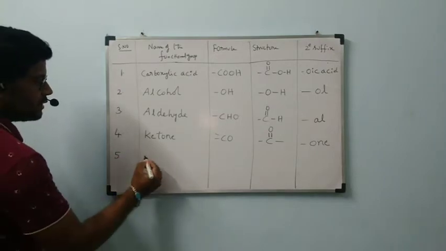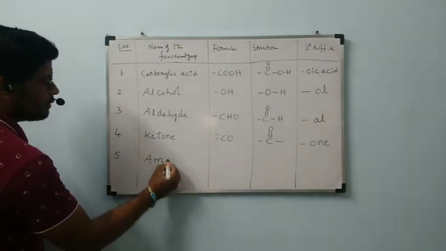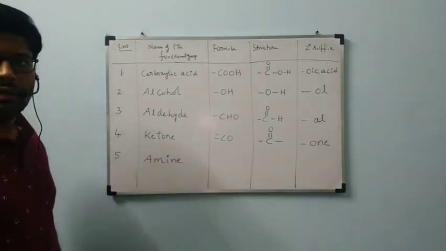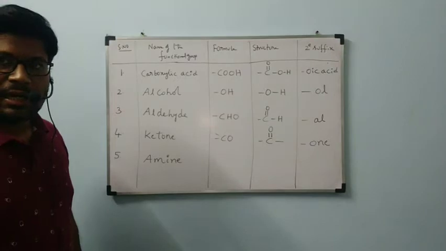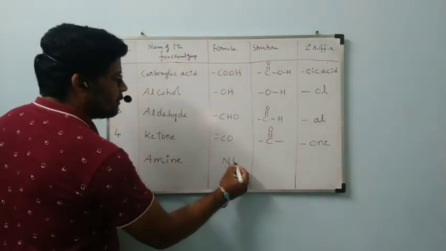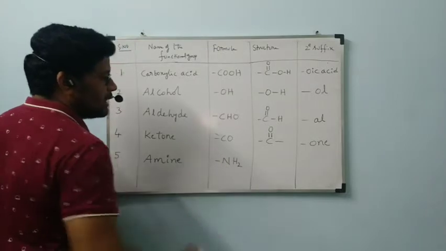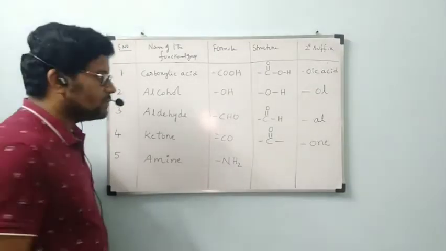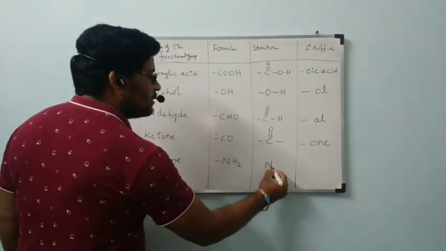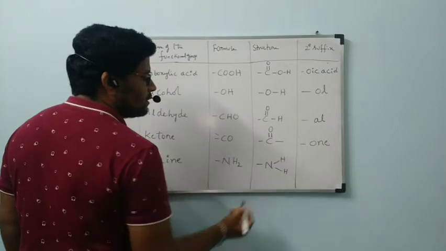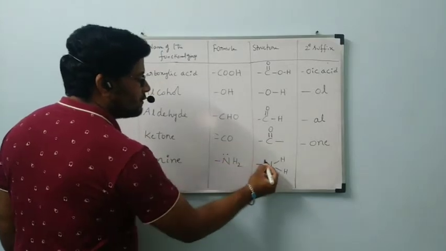Fifth one, amine. A-M-I-N-E, amine. Formula NH2. Structure: N single bond H, N single bond H. On nitrogen we have a lone pair.